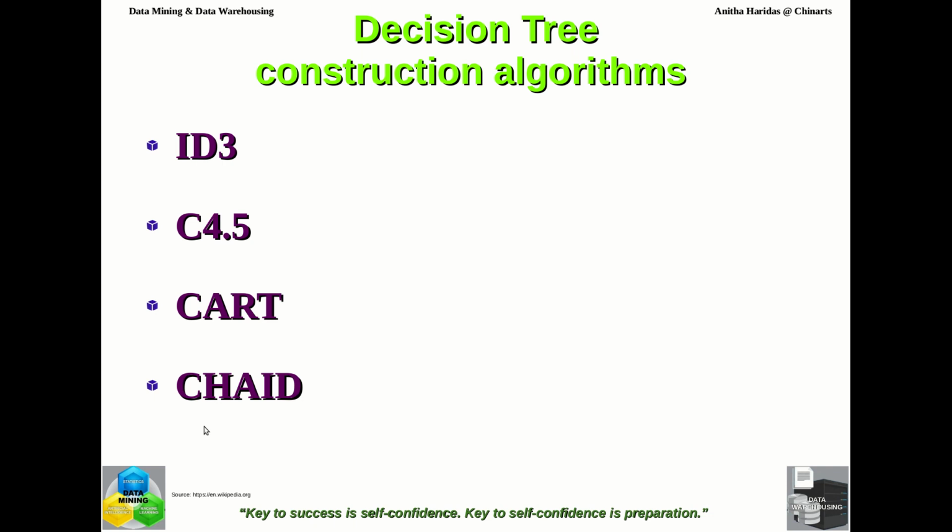A number of algorithms for constructing decision trees have been proposed over the years. All these algorithms more or less follow the principles discussed earlier. Whatever principle we have discussed for the construction of a decision tree, the same principle is followed in these algorithms also.